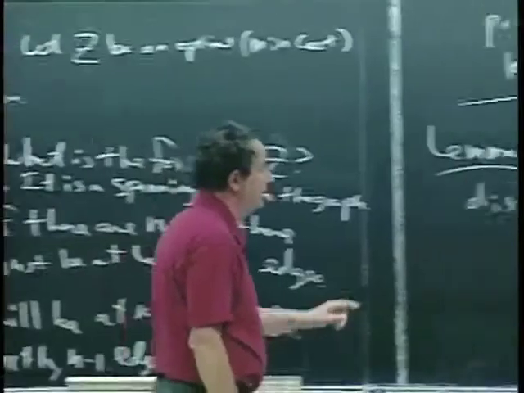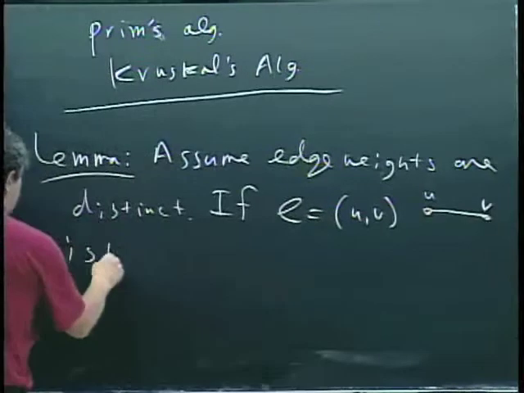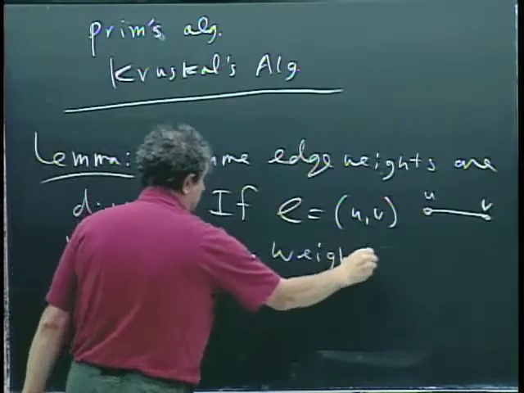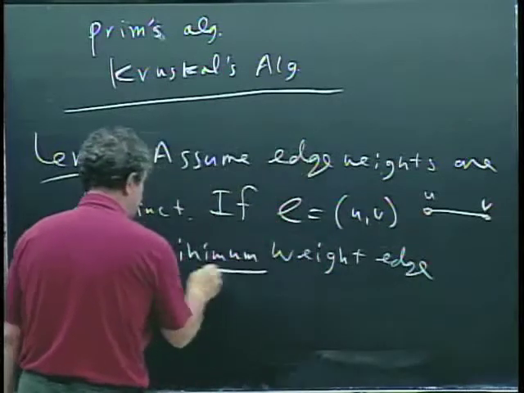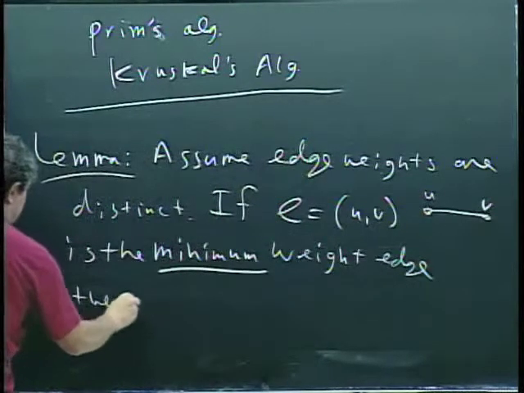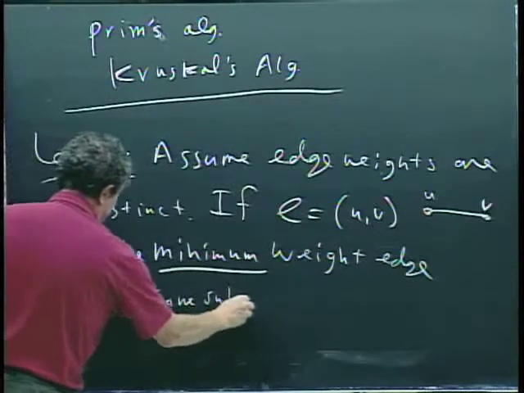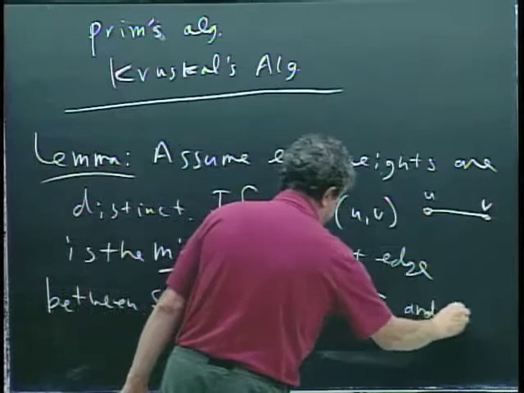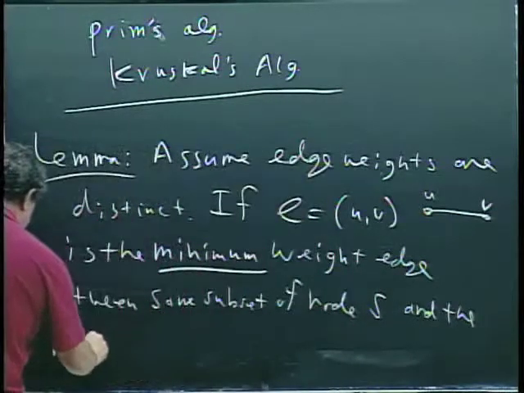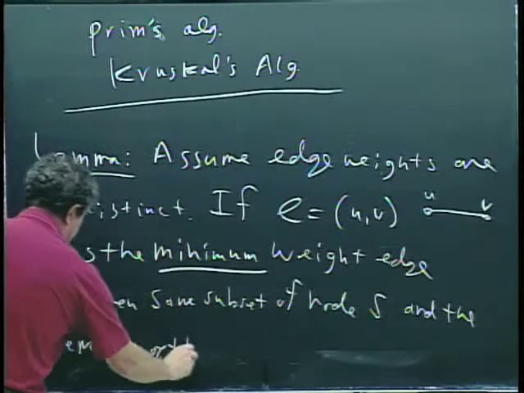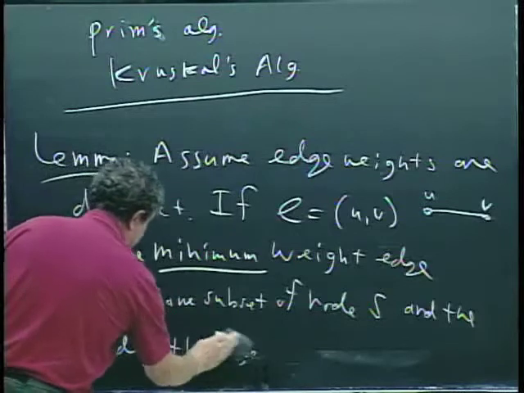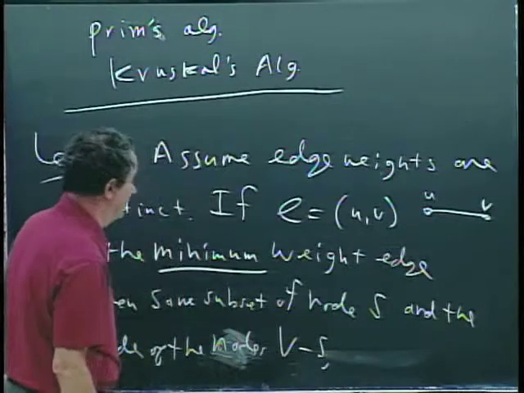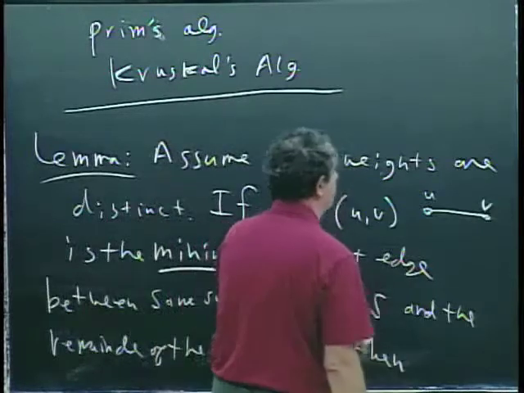Okay. So if E is the minimum weight edge between some subset of nodes S and the remainder of the nodes, V minus S. Okay, and then I'll put that up here.